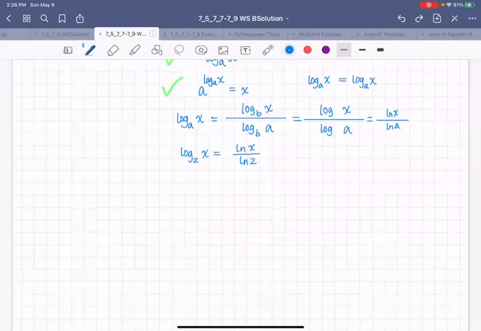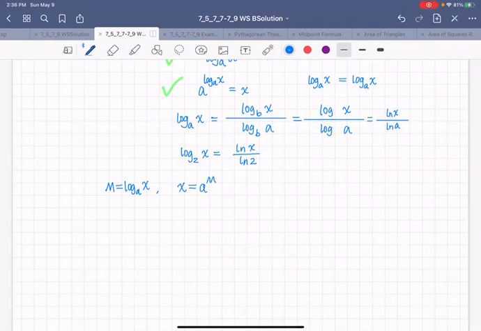I'm going to say m equals log base a of x. If m equals log base a of x, then x equals a to the power of m.